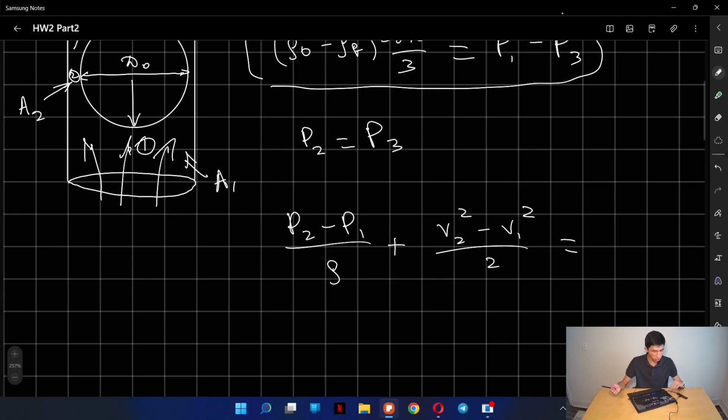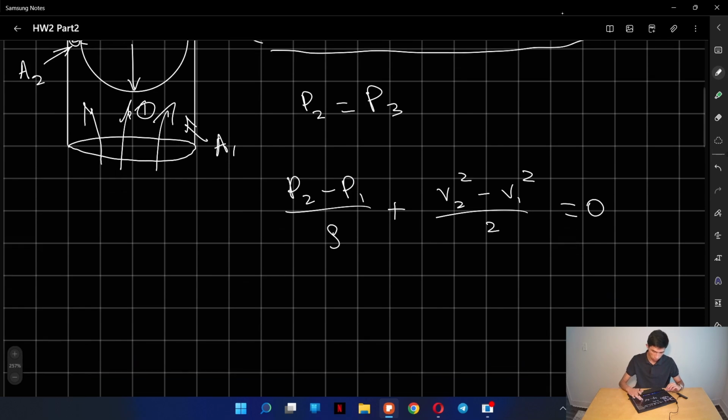There is frictional heating, but to make our computation easier, for now we're going to consider the frictional heating to be equal to 0. Otherwise, it's going to make our calculations so complicated that it would take us a lot of time. So we're just assuming our frictional heating to be negligible, right?